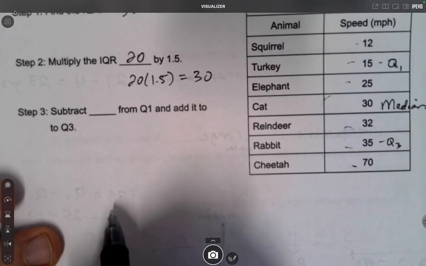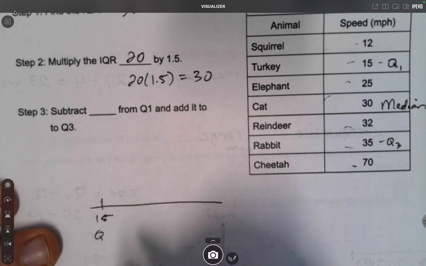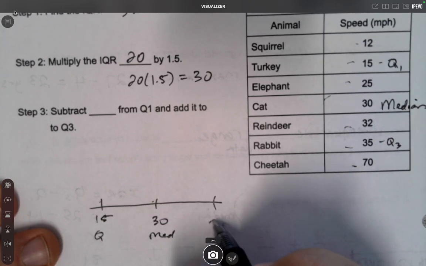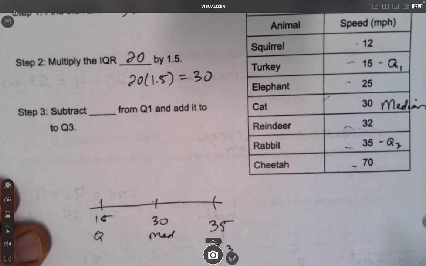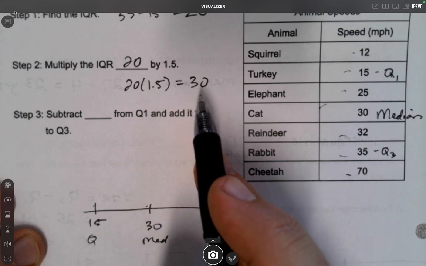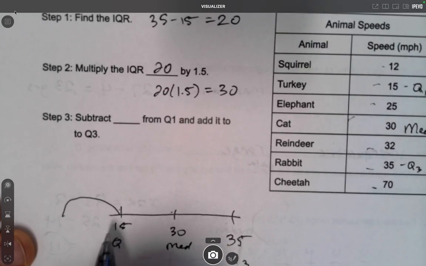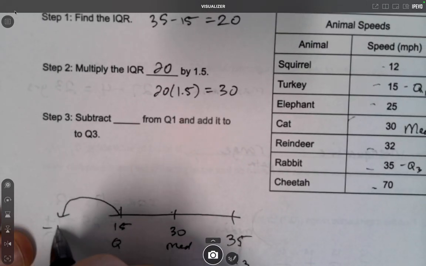So let's just think about the numbers we've talked about. We've got 15, that's Q1, 30, that's the median or Q2, the 35, that's Q3. Now we just found 1.5 times the IQR is 30. So 30 less than 15, meaning 15 minus 30, would be negative 15.